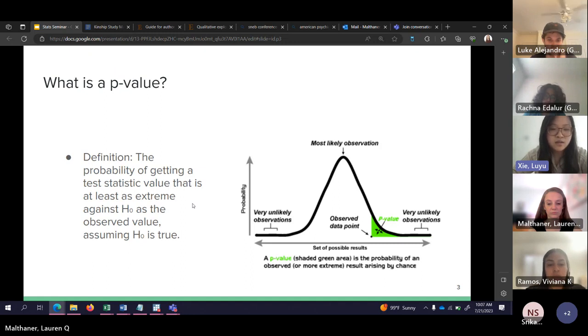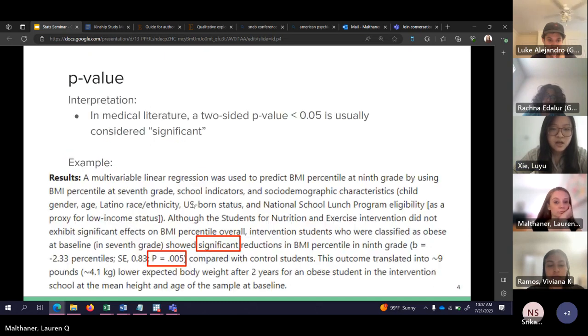So you want your p-value as small as possible. Hopefully that means it's less likely to have arisen by chance.